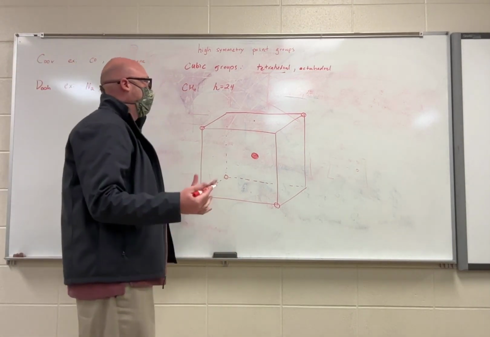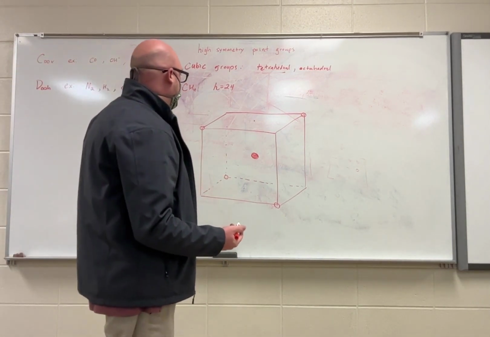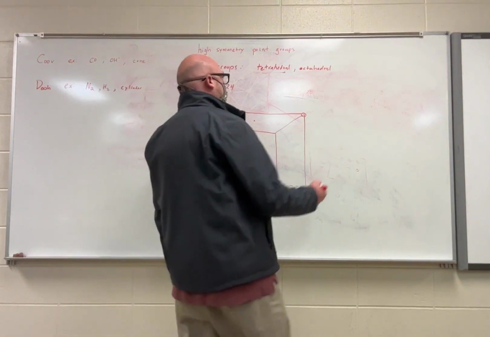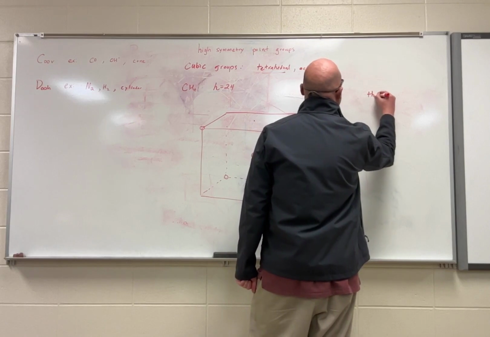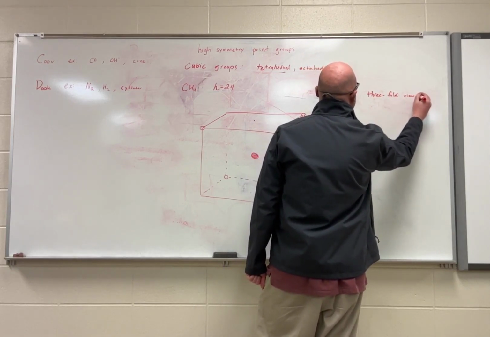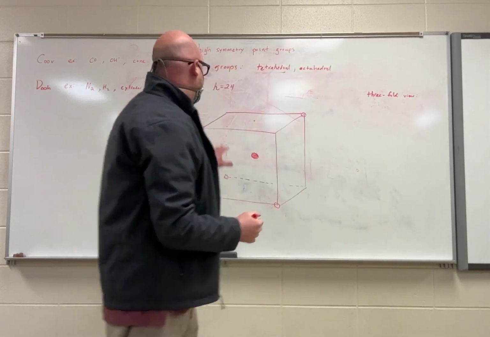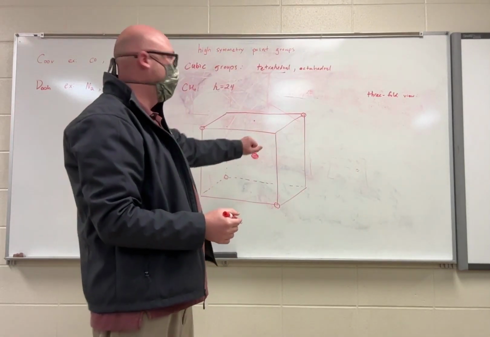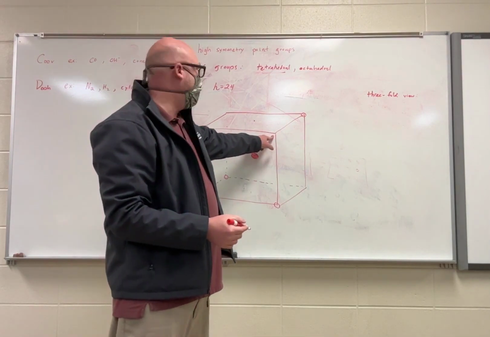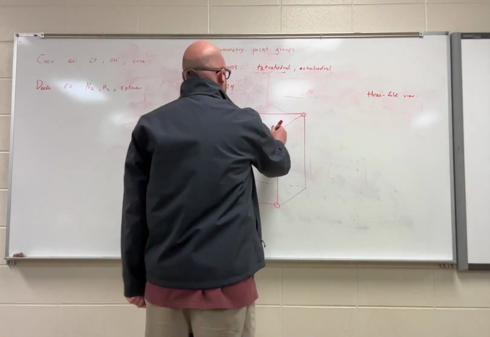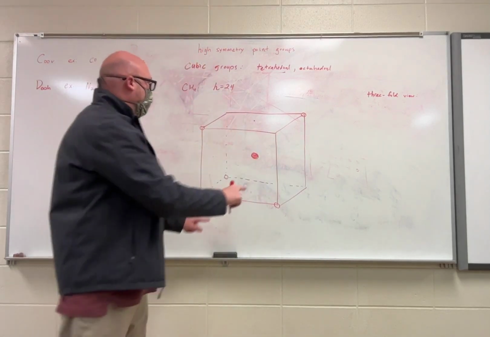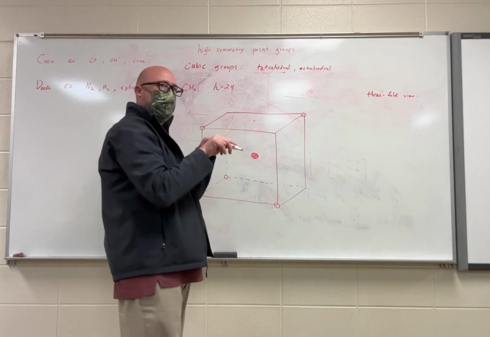Then, of course, we have the threefold view through any one of the CH bonds. And if I decide to use this cube even, I could take this point as the closest point to the eye and look through this point to the carbon, to the hydrogen, so that we're looking through the CH bond and it's going behind you.